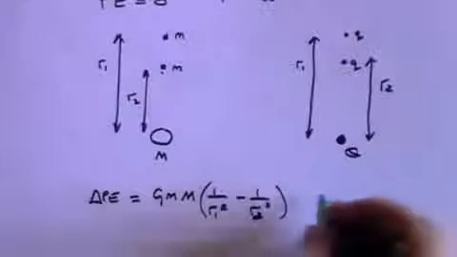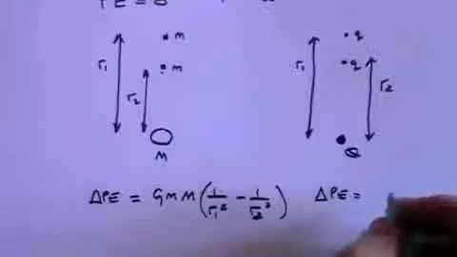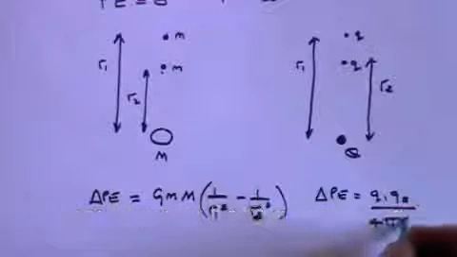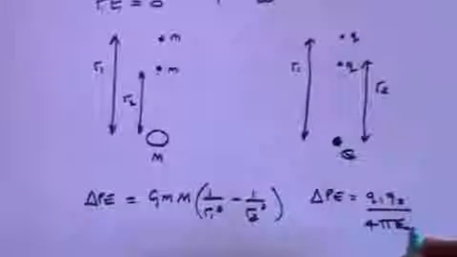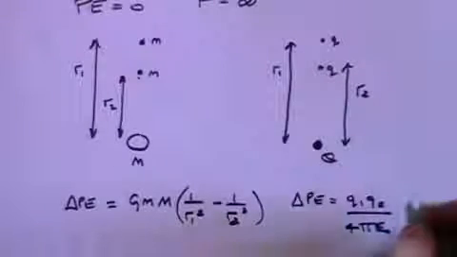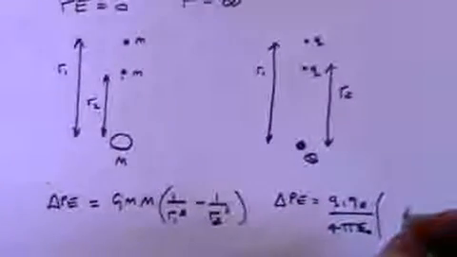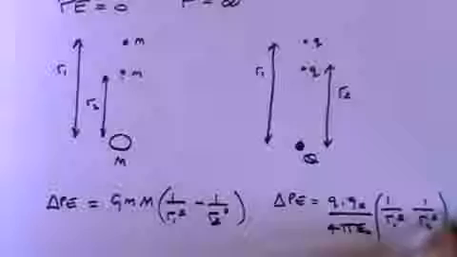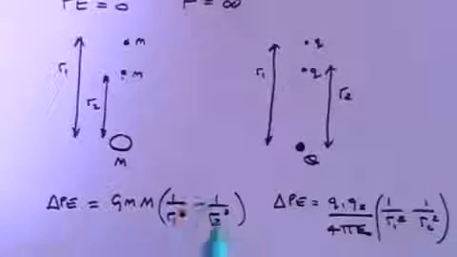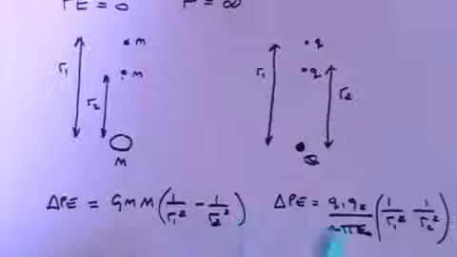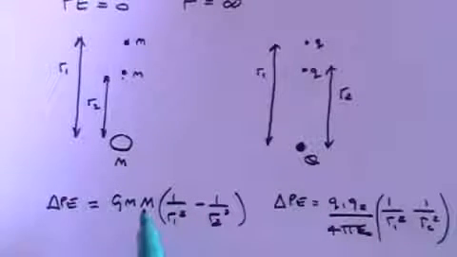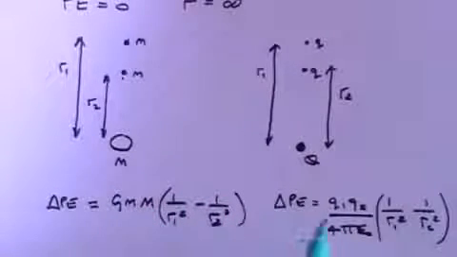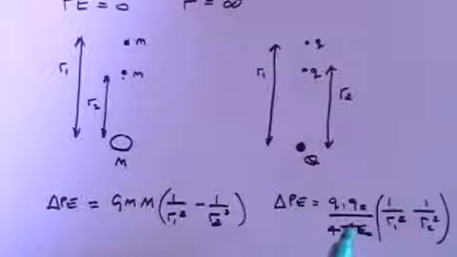And here, the difference in potential energy is equal to Q1 Q2 divided by 4 pi epsilon naught, where epsilon naught is the permittivity of free space, into, I hope I can squeeze this on so you can see it, 1 over R1 squared minus 1 over R2 squared. And you see then a similarity. The 1 over R1 squared minus 1 over R2 squared is common, and these are simply the basis of the energy either in the gravitational field or in the electric field.